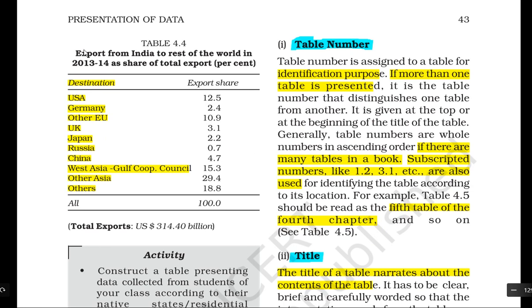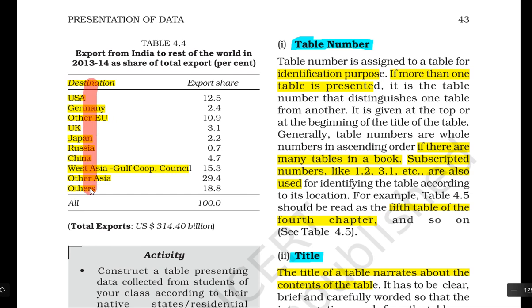You can see here, export from India to the rest of the world in 2013-14 data is given in table 4.4. This table shows the various destinations or locations or places. So you can see here classes are made on the basis of place. USA is a place, Germany is a place, UK is a place, Japan is a place, other European countries are places.